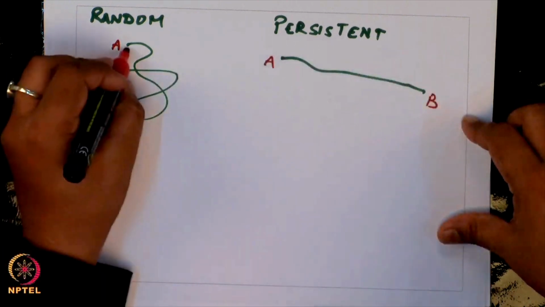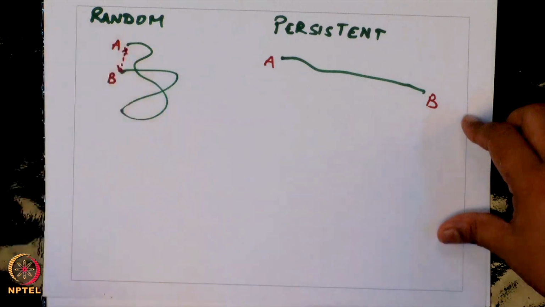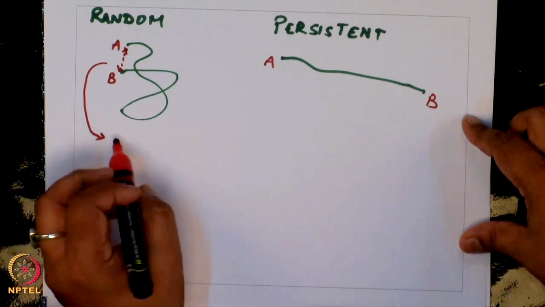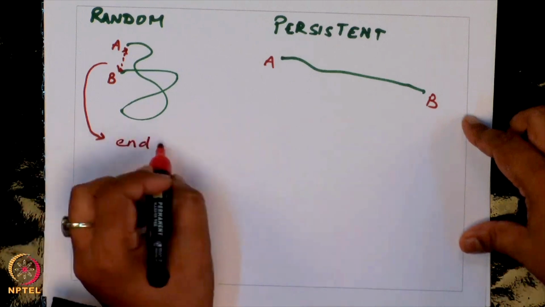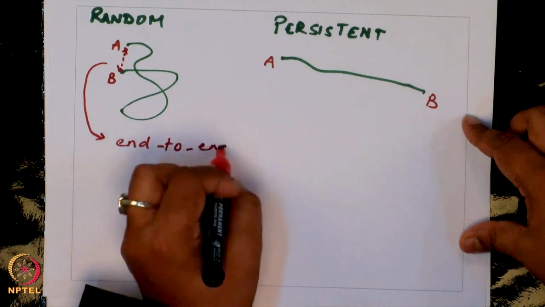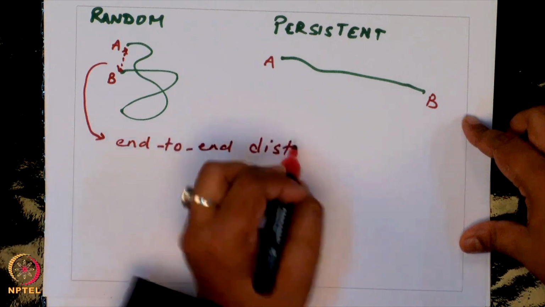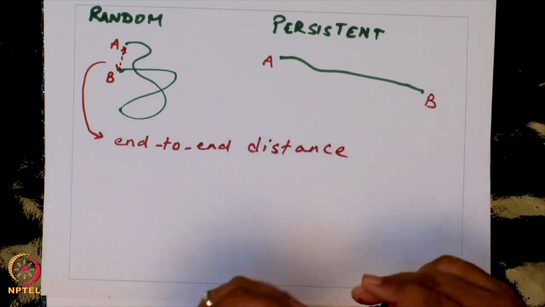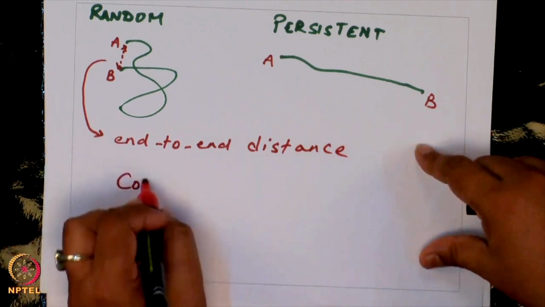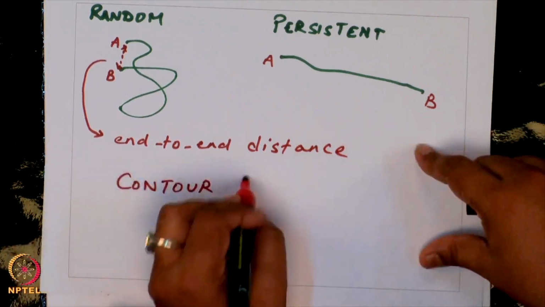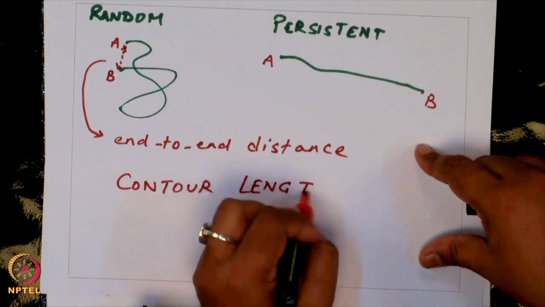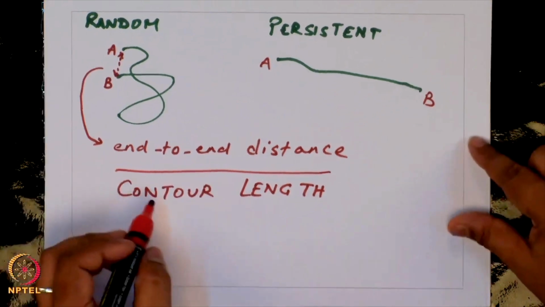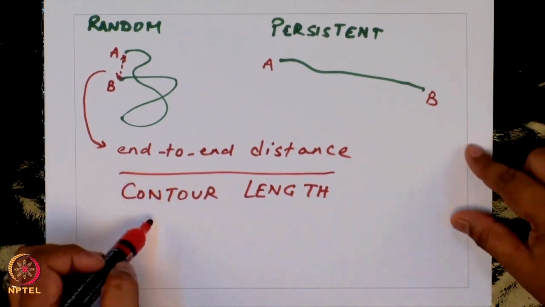You take this distance AB, which is called the end to end distance, and you divide it by the contour length. So, you can find this ratio of end to end distance by contour length.